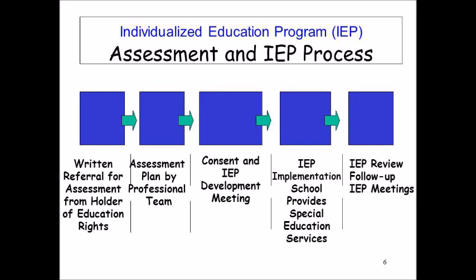Step 4. A child is found eligible for services. If a child is found to be a child with a disability under IDEA, he or she is eligible for special education services or other related services. Within 30 calendar days after a child is determined eligible, a team of school professionals and parents must meet and write an Individualized Education Program, which is the IEP. Step 5. An IEP meeting is scheduled. The school system schedules and conducts the IEP meeting.